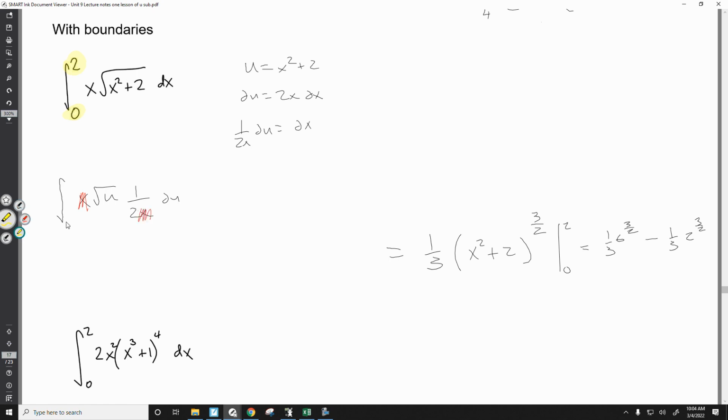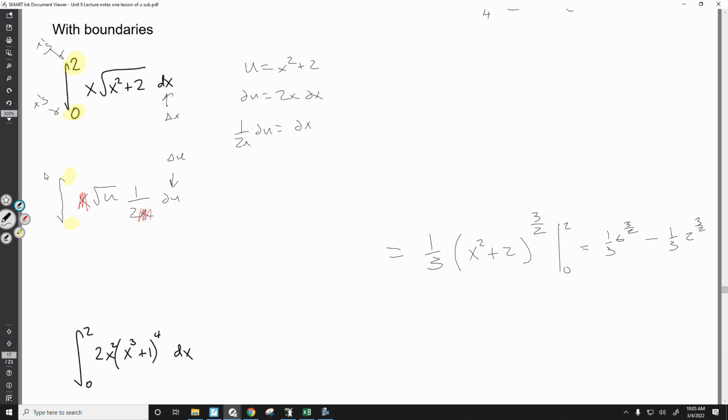The numbers that go here and here are not 0 and 2. Here's the reason behind this. We are summing up height times width. This width is a delta x. These are x's. If we change dx to du, this represents a width or a change of u.